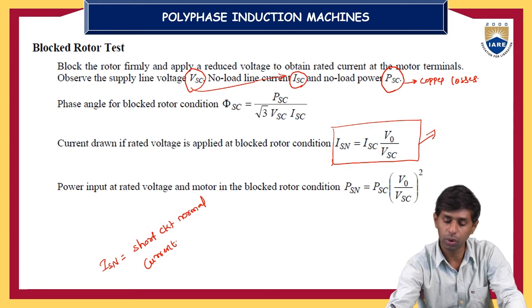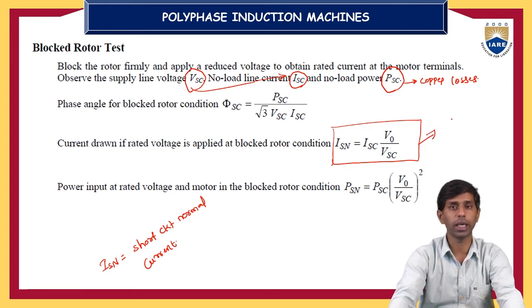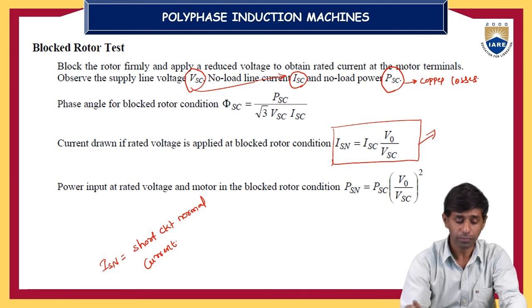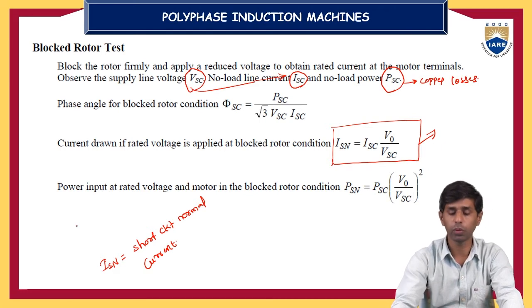This gives you the amount of current we expect to circulate in the stator of the induction motor when applying the rated input voltage under block rotor condition.